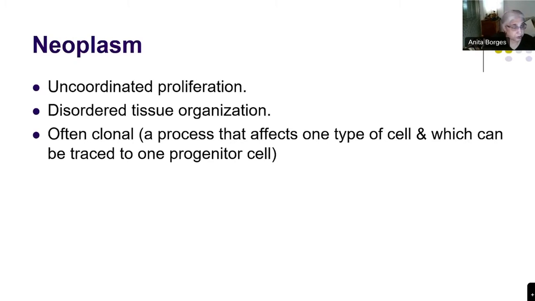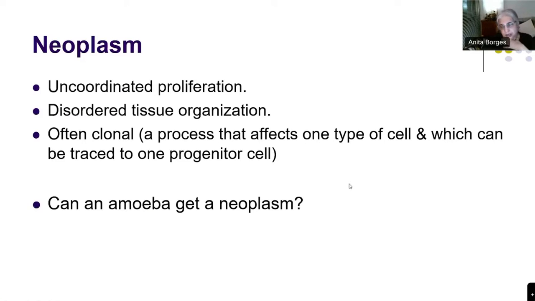Very good, Sikandar. There is research saying that things may have more than one clone. But yes, the majority of neoplasms have just one type of cell, and all of the clone can be traced back to one progenitor cell.